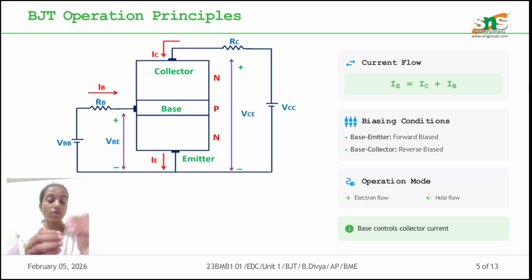Electron flow occurs inside the NPN transistor when the supply is given, where the electrons and holes get recombined.